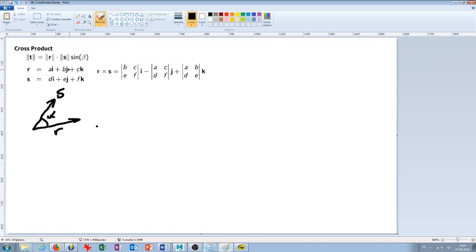Then we have another way of calculating the actual vector, that is multiplying its Cartesian coordinates, and this is what we call determinants.